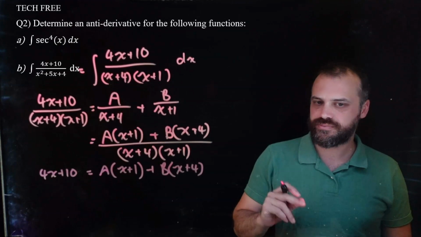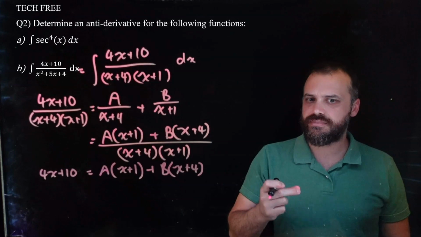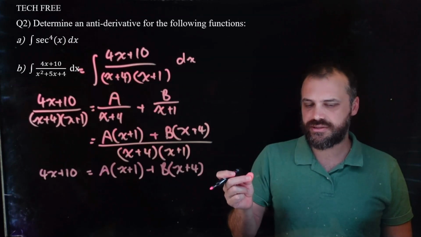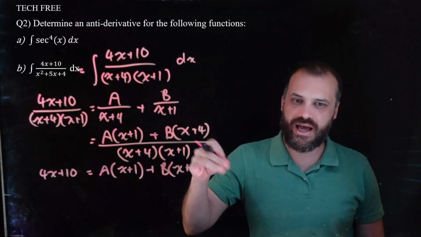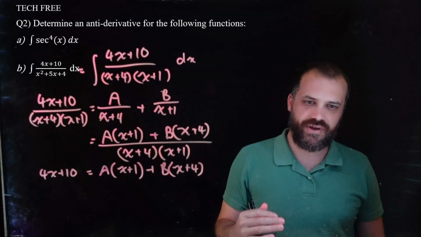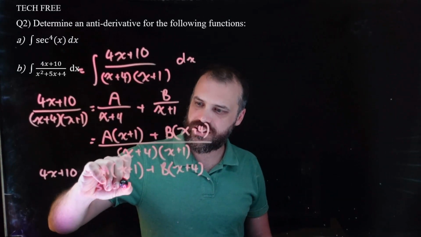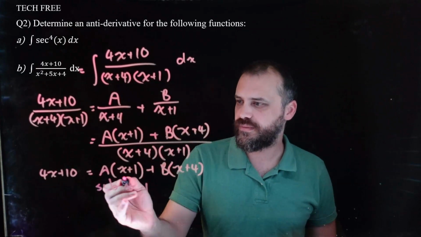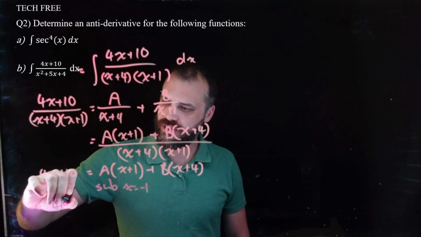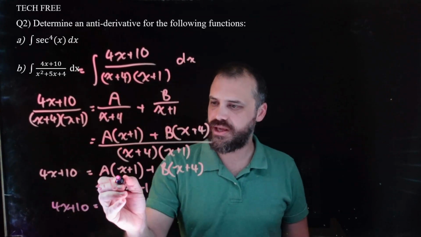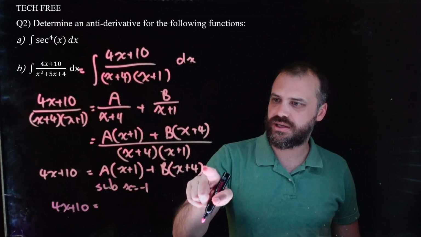Neat. Okay, the key here is to sub in values for x that are convenient. Sub in values for x that will make the a go away, and sub in a value for x that will make the b go away. So if I sub x equal to -1 in here, that will be -1 plus 1, so the a will disappear. So I'll be left with 4x plus 10 equals gone, and then b times 3.